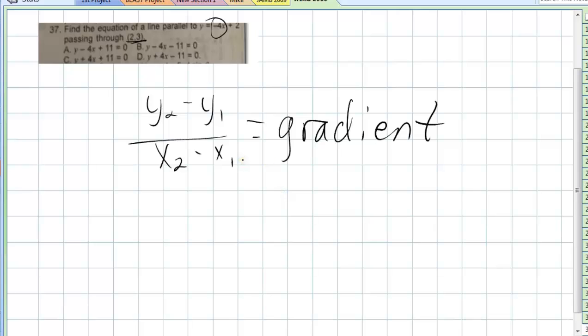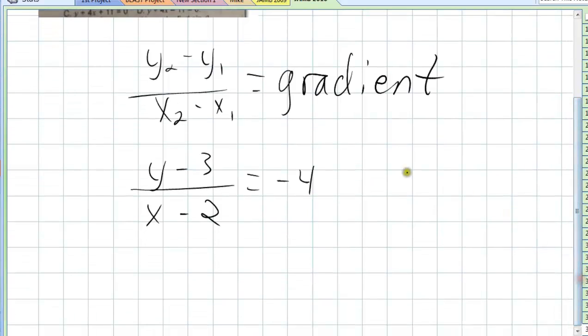I'll show you what I mean by that. We don't know this y or this x, but we do know that this is 3 and that this is 2, and we know that our gradient is negative 4. We have everything we need right here to get us back to the equation of a line.